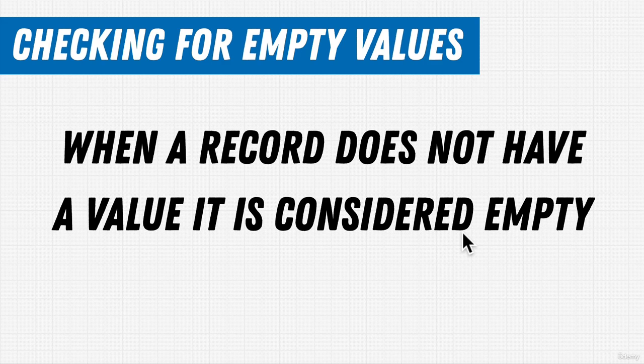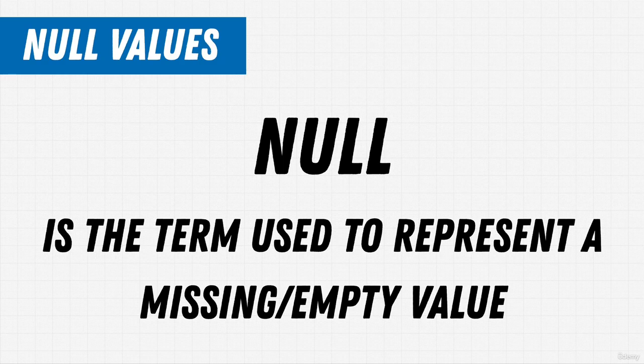When we talk about empty values, there is one type that reigns supreme under empty. Now, if you've done coding before, you may have heard of it. It's called NULL. And null values are values that are empty. Null is used to represent empty or missing values. So NULL. That is the term we use to represent that missing value.